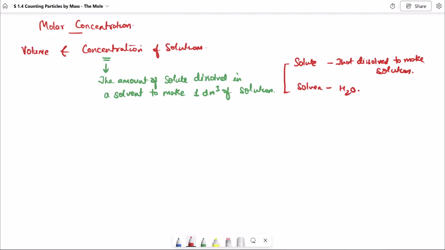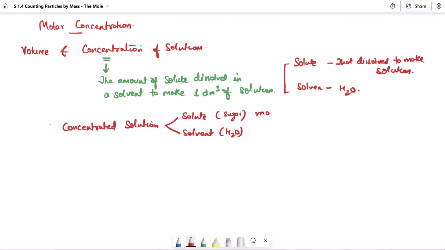is your water. So when I'm saying a concentrated solution, it has a higher concentration of solute. So concentrated solution has two things, solute and solvent. Solvent is water, solute is, let's say, sugar.